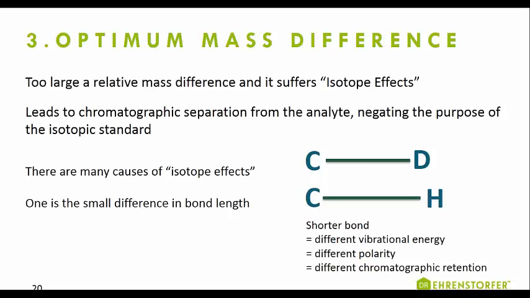The atoms are slightly different sized, which means that bonds are of slightly different length, both bonds within the molecule and hydrogen bonds that retain the molecule on the chromatography column. The result can be that the internal standard has a slightly different retention time than the analyte. In fact, the worst case I've seen was nearly a minute's difference. On LCMS, this is disastrous. It means you've lost all of the advantages of using a stable isotope and may as well be using a conventional internal standard.